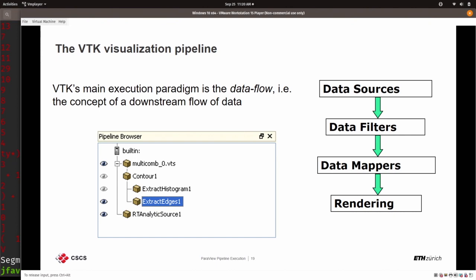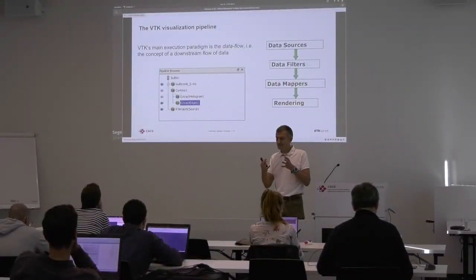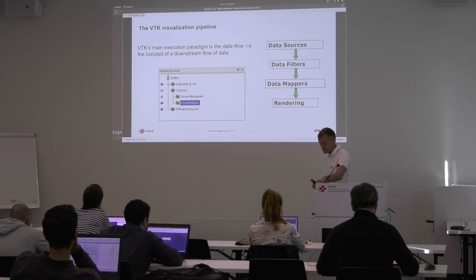And then, actually, this is just a second source here in my pipeline. So I can have multiple sources, each of them with a particular pipeline like this, which can branch out. And ParaView will manage in parallel to subdivide each data set into pieces of equivalent weight.